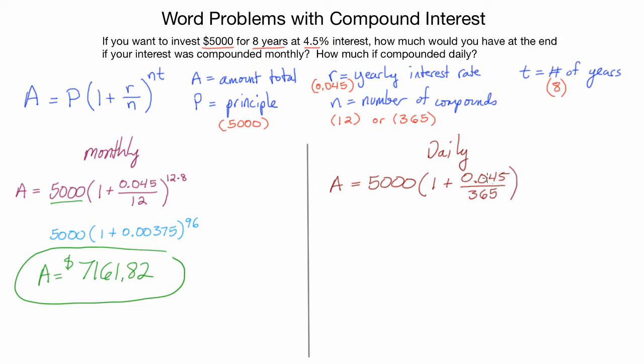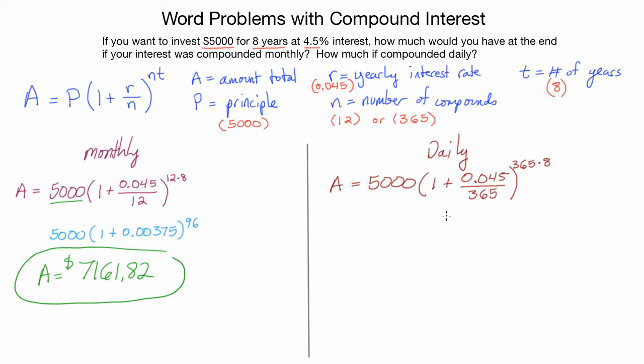Well, if I'm dividing into 365 periods, now I have to do 365 days times 8 for how many days are in 8 years. So it's a little bit more complicated. It's going to be a little more messy. Thank goodness we have some good calculators. But this is going to help us get our daily rate. Okay, let's go ahead and start calculating this out.